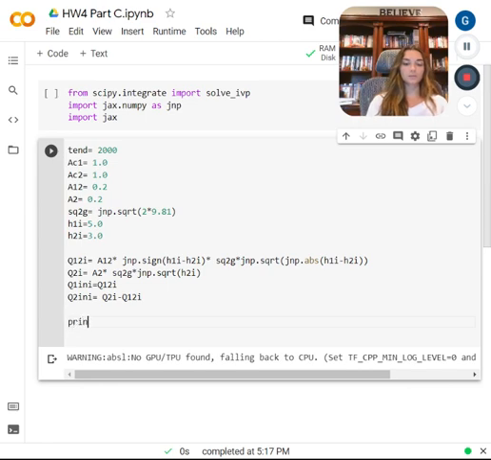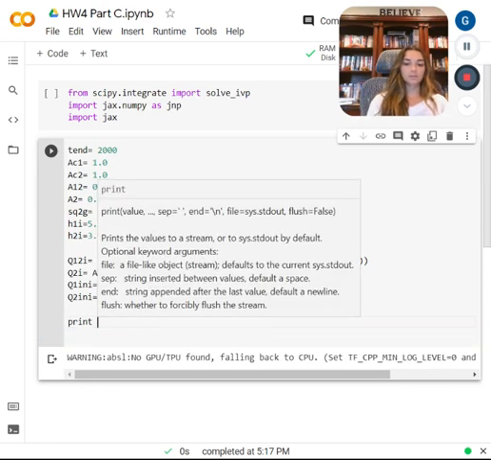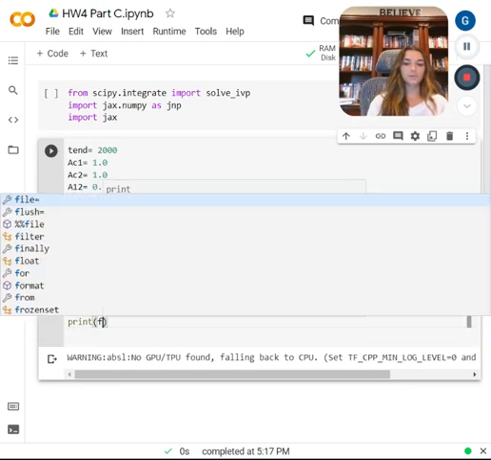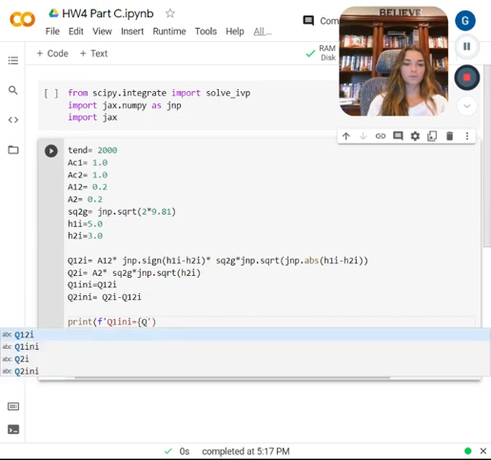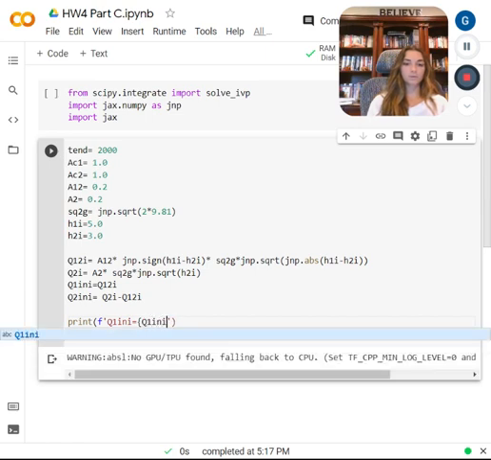And then we're going to use our print function to return our flow rates.